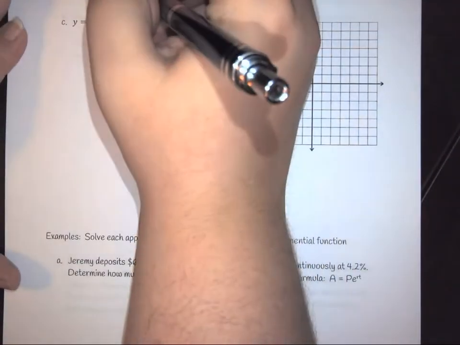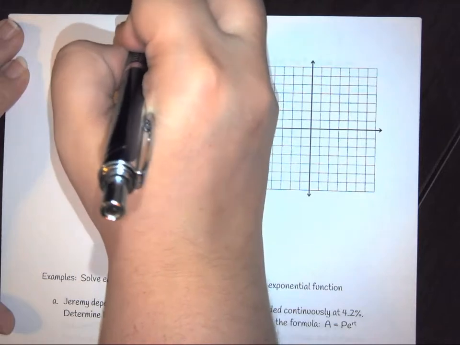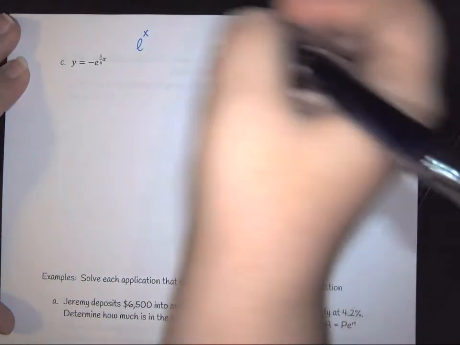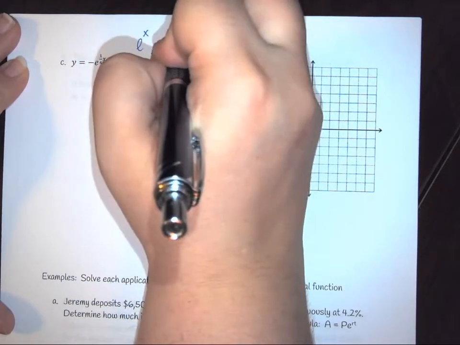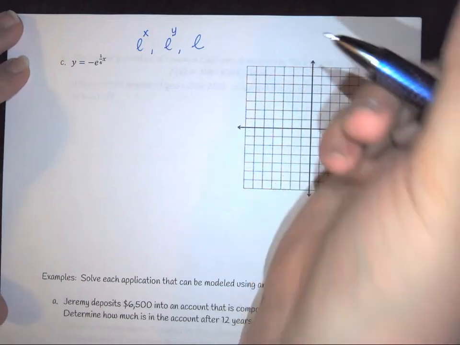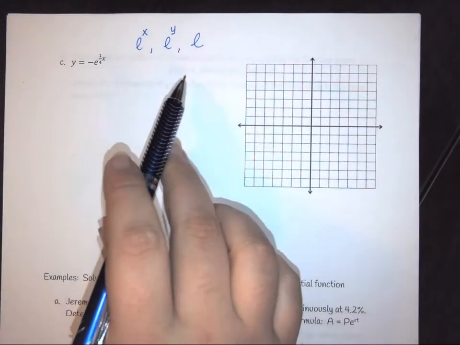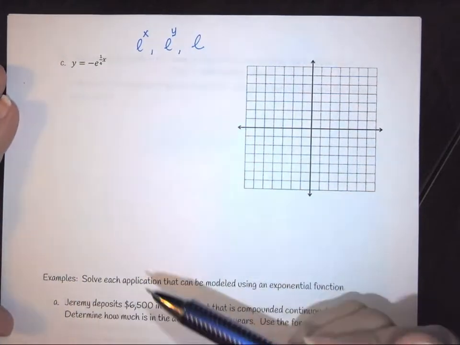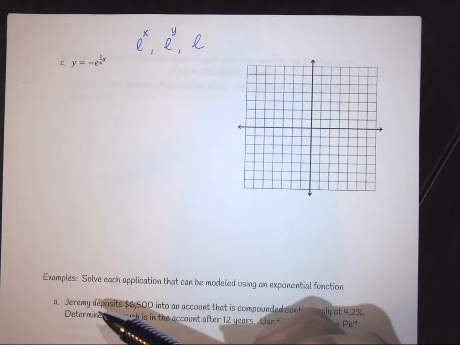Other calculators show things like e to the x. You could see e to the y. Some calculators just show e. And so it depends on the calculator you have, but you need to make sure that you find this value. Now e itself has a number, it is a term, and it does go on forever.